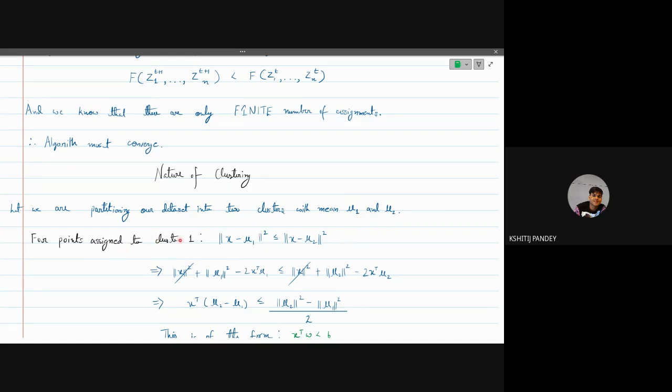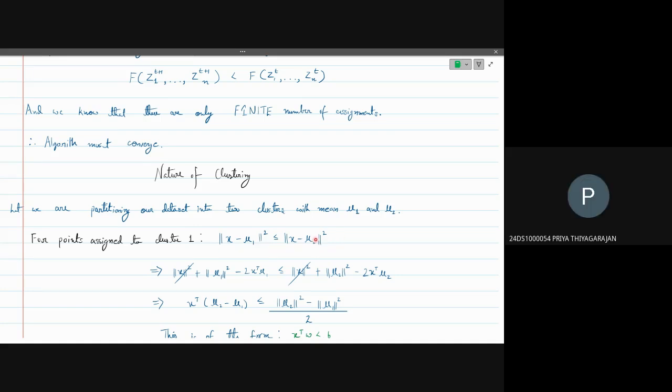For some point x belonging to cluster 1, the distance between the point and the mean of cluster 1, where the point belongs, will be less than or equal to the distance between the point and the mean of the other cluster. Correct? Is this clear?